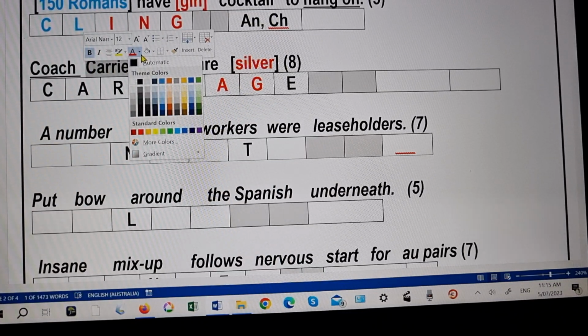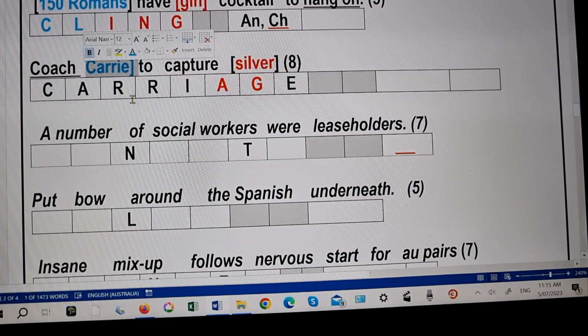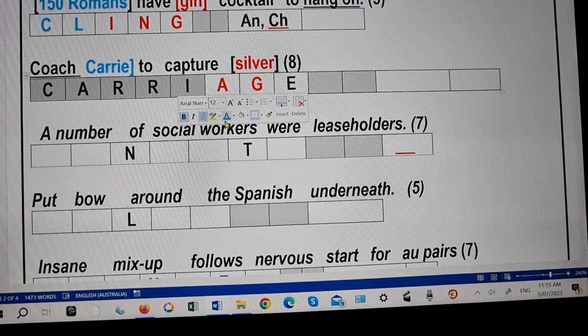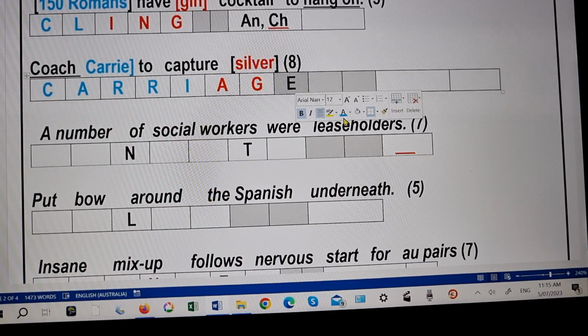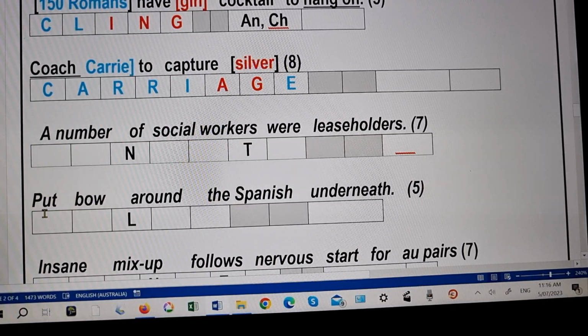Coach carry, because carry has captured. So, carry, there's a carry, ARRY, that has captured. You can see the AG is inside. It's captured inside the carry. Isn't that good, eh? Carry captures silver, AG. Isn't that wonderful?